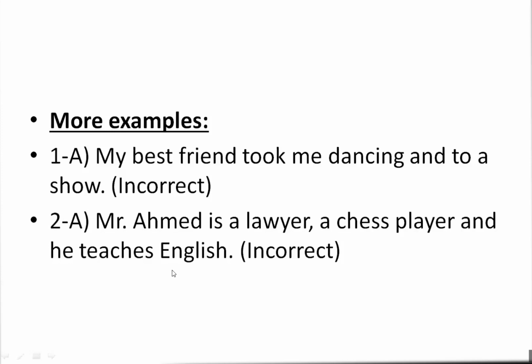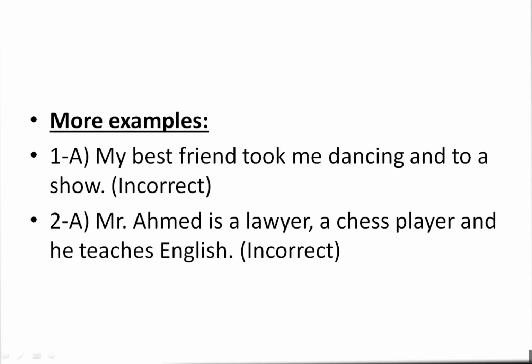I'll show you the answers in a few seconds, but let's look at this one too. Mr. Ahmed is a lawyer, a chess player, and he teaches English. There's a problem. Lawyer, noun, chess player, noun. He teaches English, a clause. We can't have that. Obviously, we need to change this part. Think about it for some time.